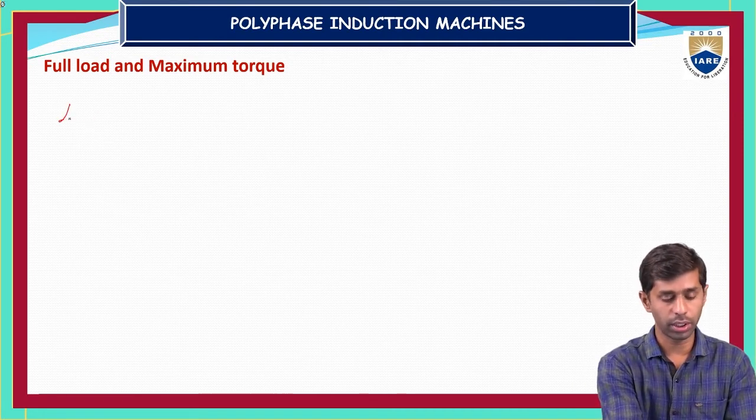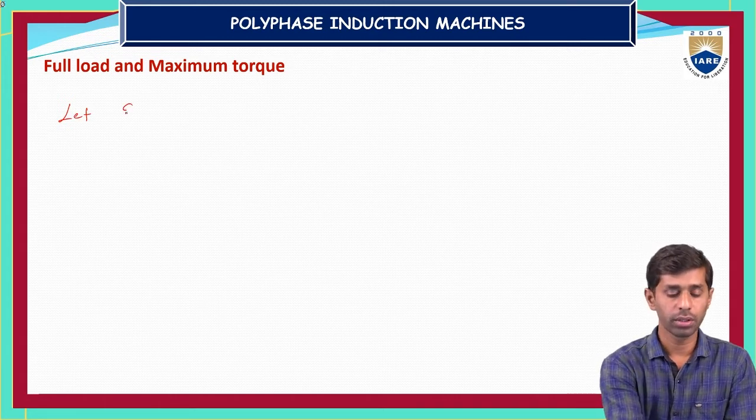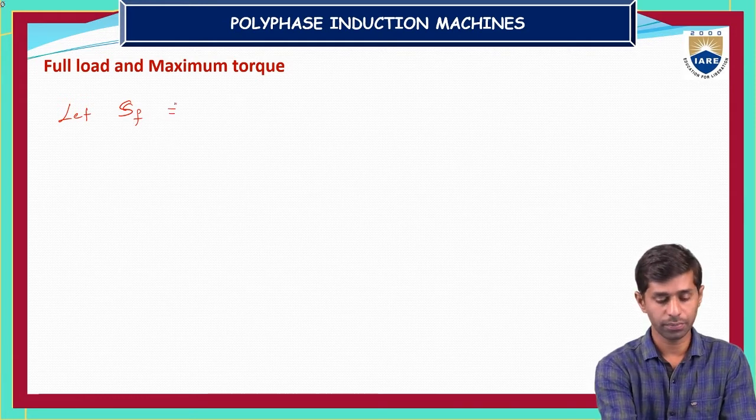So let us assume SF represents the slip at full load condition, that is full load slip.